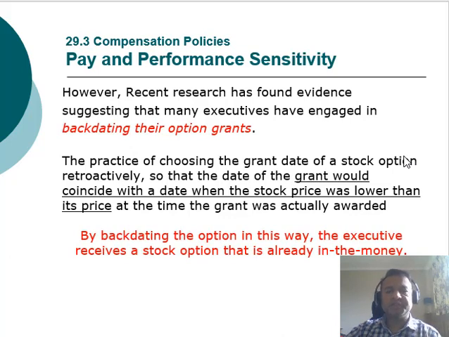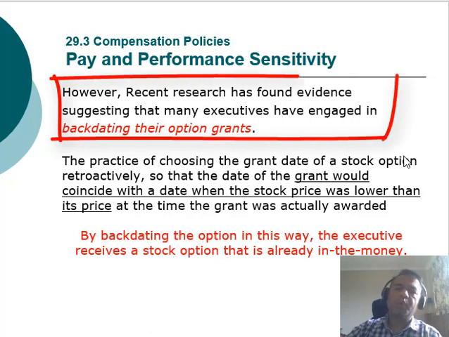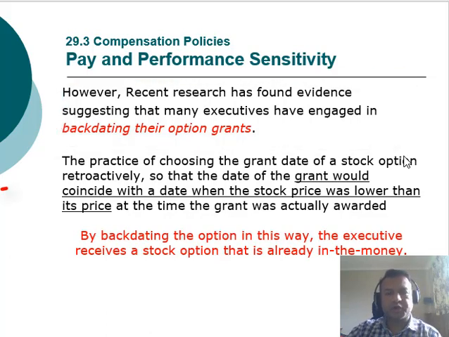However, recent research has found evidence suggesting that many executives have engaged in backdating their option grants. Now, what is backdating? Backdating is the practice of choosing the grant date of a stock option retroactively so that the date of the grant coincides with the date when the stock price was lower than its price at the time the grant was actually awarded.